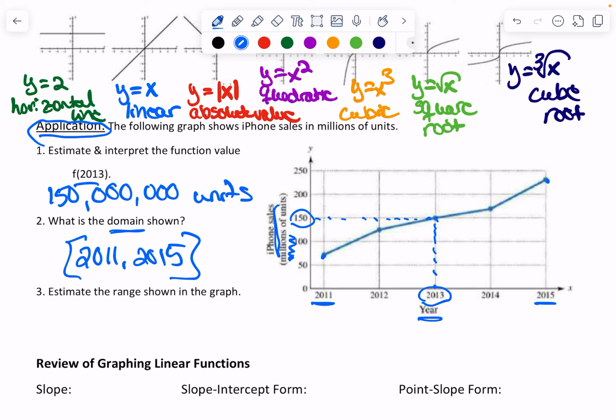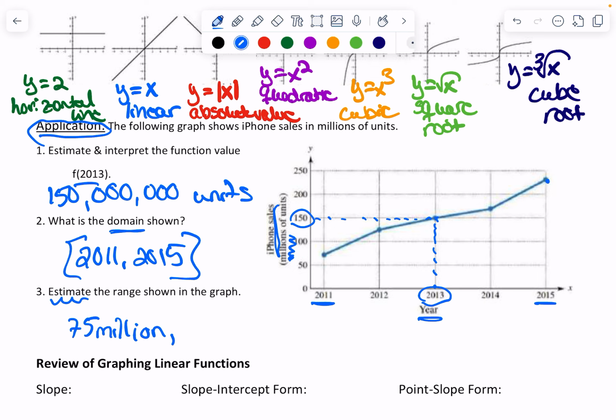Okay, so range, we would kind of estimate where does it start. This one's a little bit harder to figure out what it exactly is. And again, it's an estimate. So I would start at 75 million. Looking at where the dot is, it kind of goes there. Let me actually erase this.